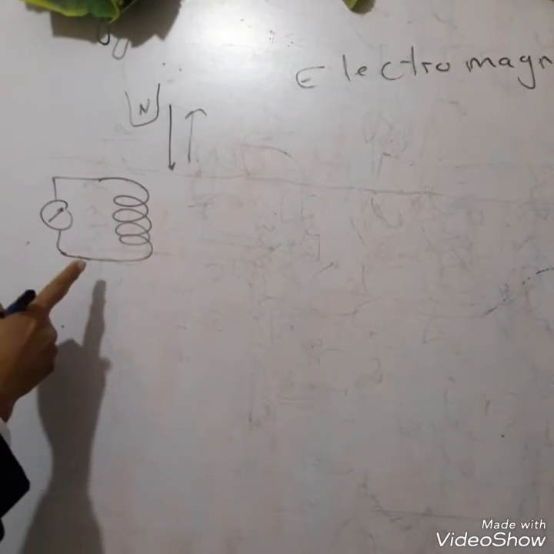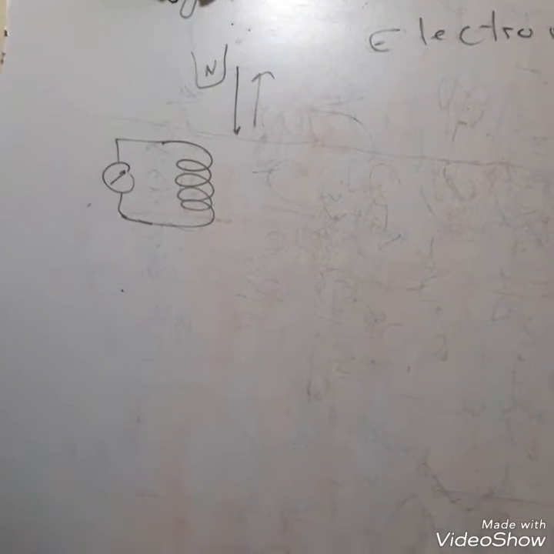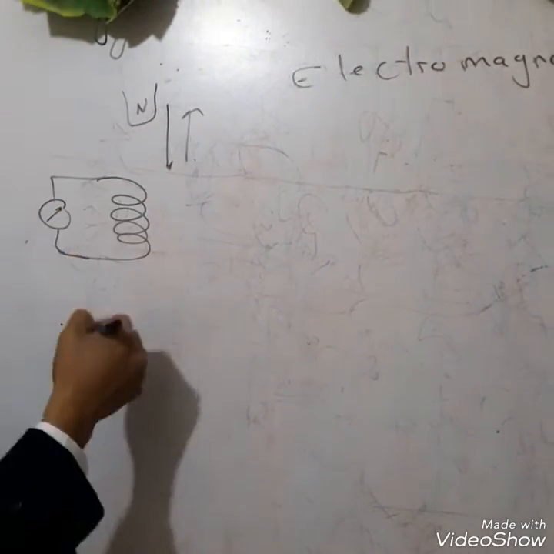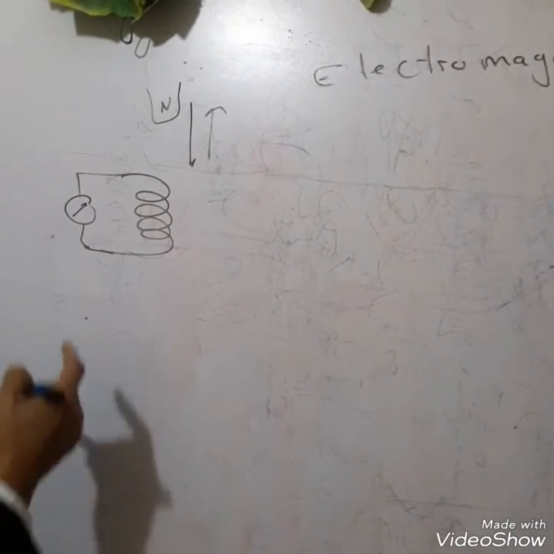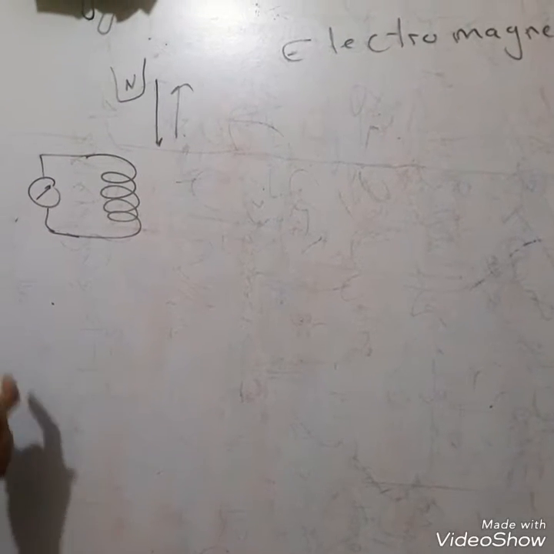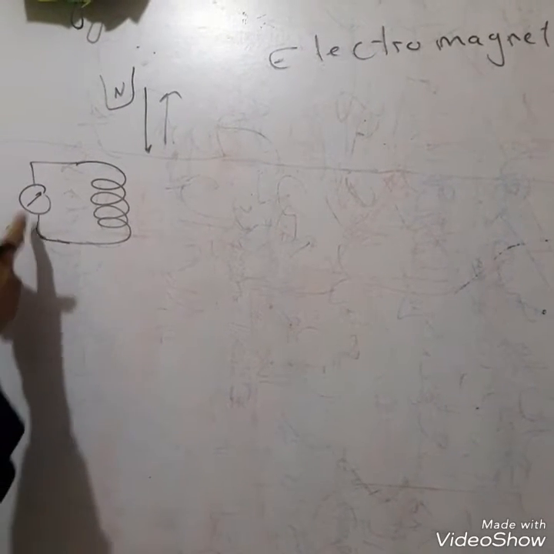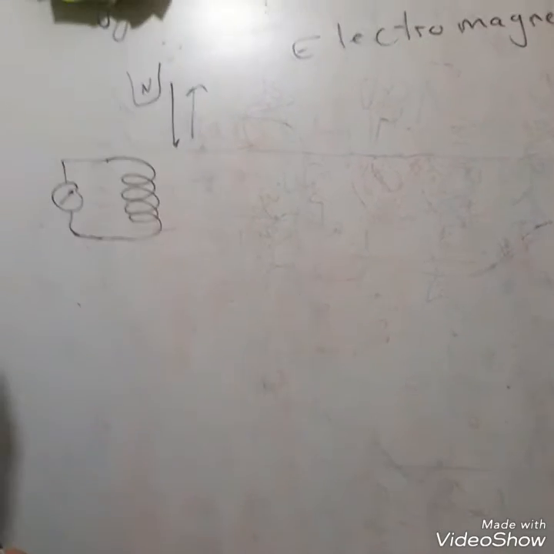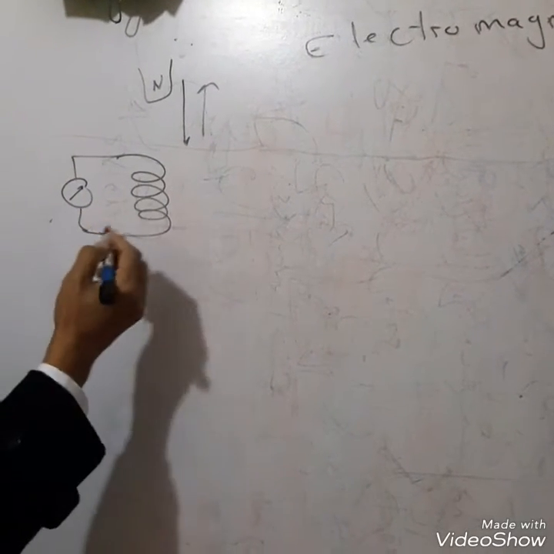It's called induction. If you move the magnet close or away from the coil, you observe electric current generated inside the coil. Electromotive force is generated.